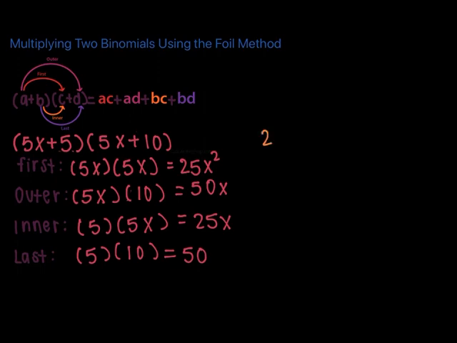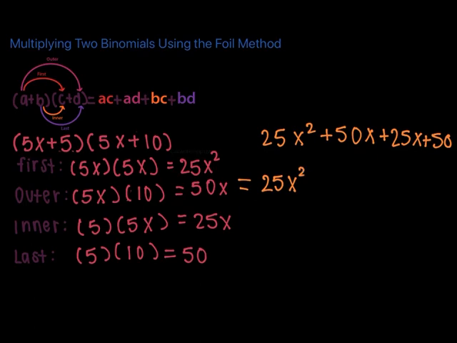Now let's write out our answer. 25x squared plus 50x plus 25x plus 50. So let's see if we have any like terms, and yes we do. 50x plus 25x is 75x, so that would equal 25x squared plus 75x plus 50.